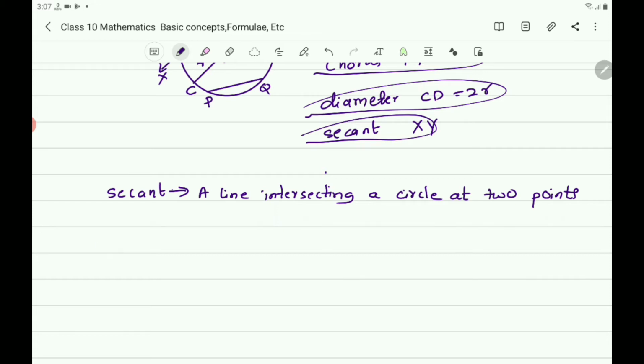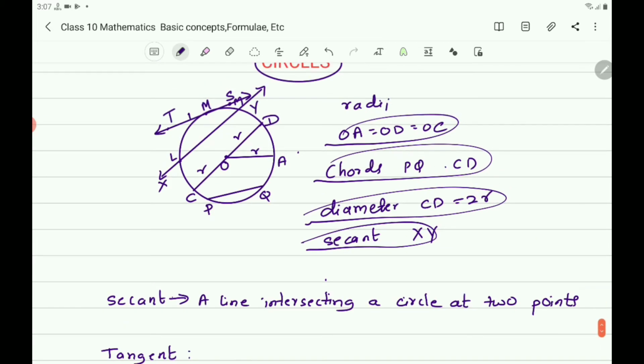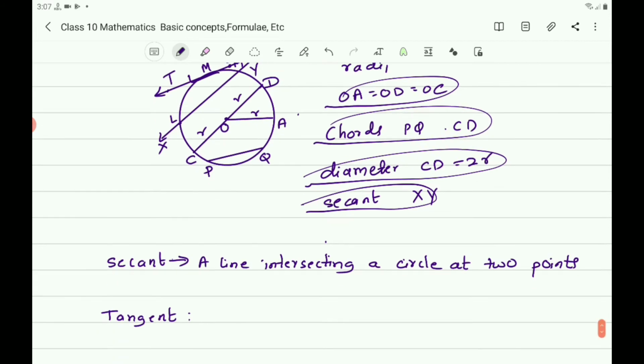Next, the new thing is tangent. Then what is tangent? Know that a tangent is a line which touches the circle at one point. It intersects the circle at one point.